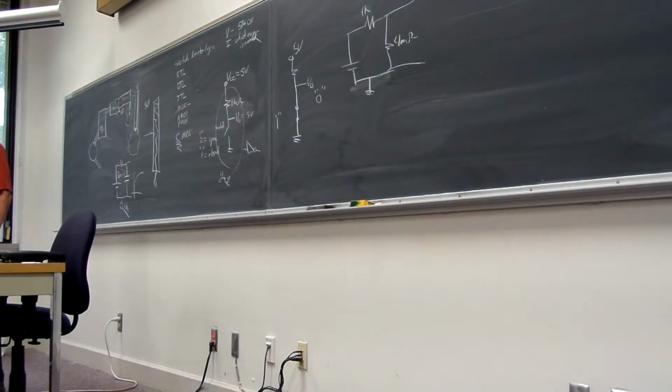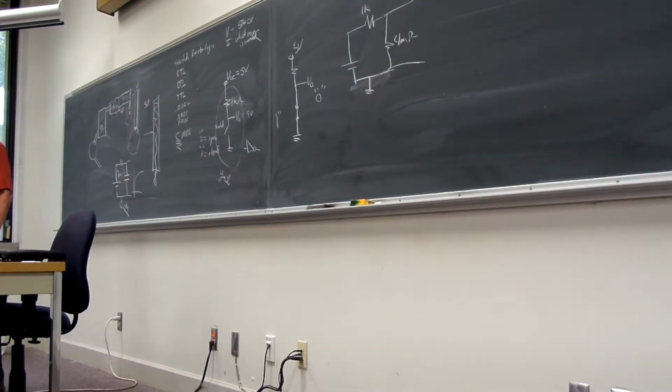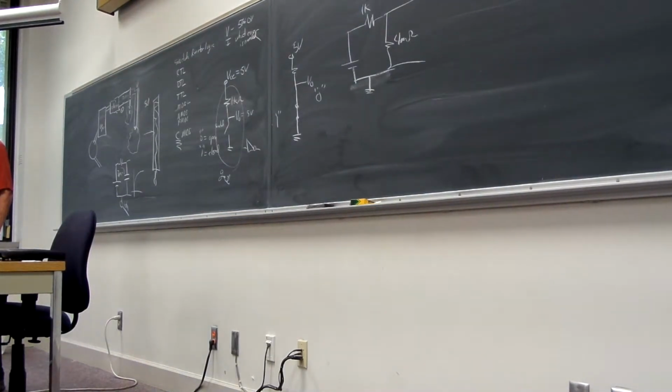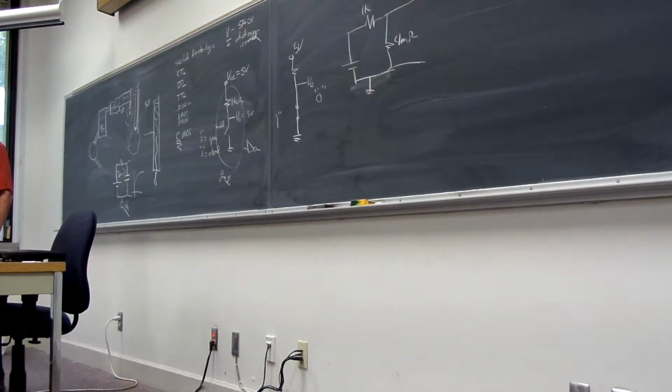What could I do to improve the situation and would not affect the functioning of this very much? Smaller voltage range, like 0 to 3. Okay, smaller voltage range would do it, but I'm stuck with 5 volts for right now. Decrease your resistors, or increase? We want the resistors to go up. You want larger resistor values.